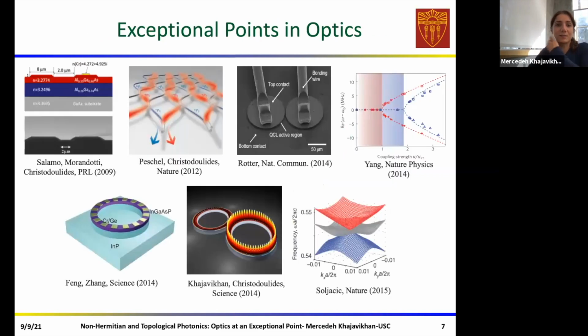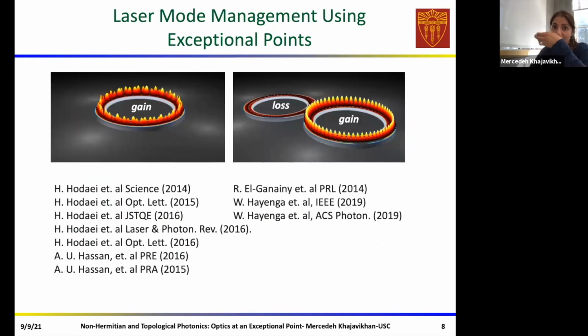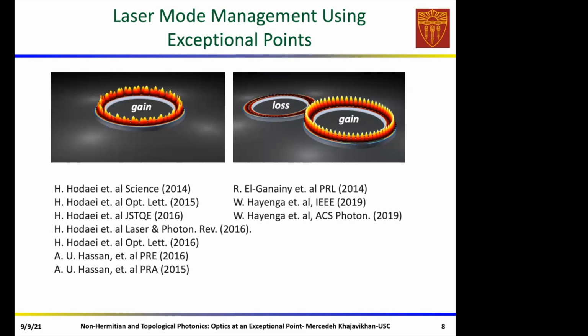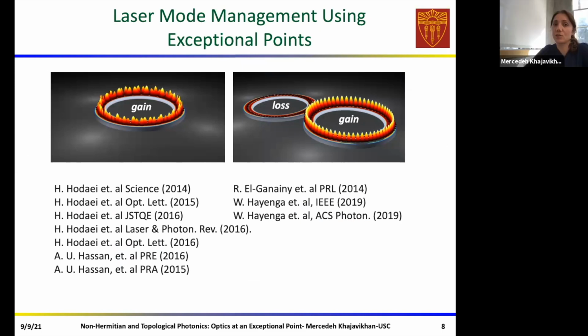There are of course many groups that have looked at these behaviors over the years, and some of them are listed here. Back in 2014, we looked at this and said, this abrupt phase transition is a very interesting and useful engineering tool. Can we use it for laser mode management?